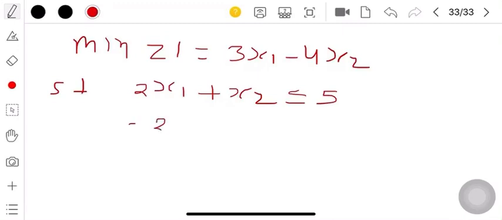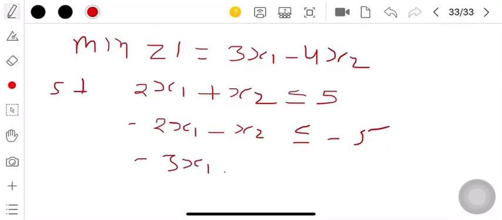In the same way, minus 2x1 minus x2 less than or equal to -5, then minus 3x1 minus 5x2 less than or equal to -6. Okay, so this is the problem.